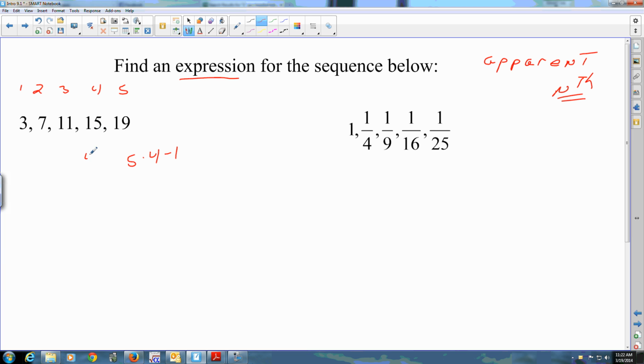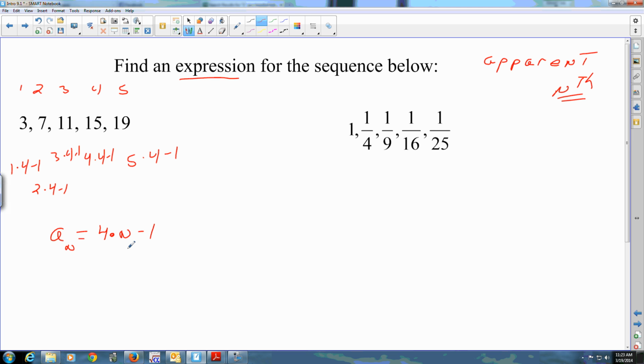This one, 4 times 4 minus 1. 3 times 4 minus 1. And so on. 2 times 4 minus 1. 1 times 4 minus 1. So the formula is a sub n equals, it would be 4 times the counter minus 1.